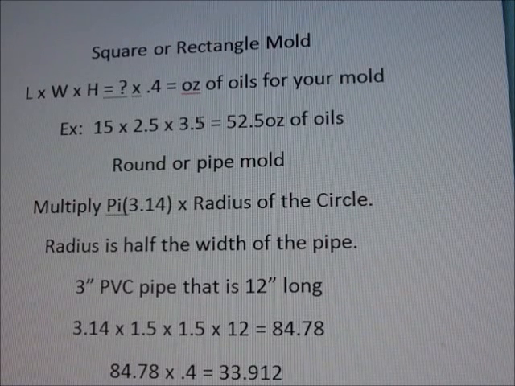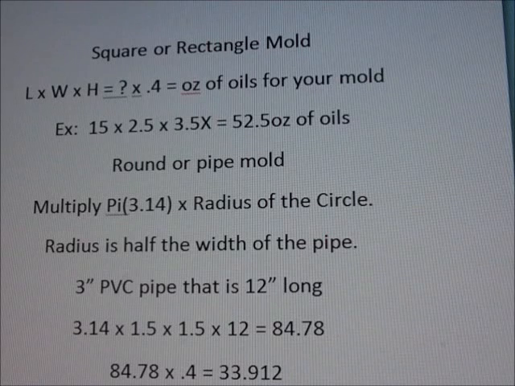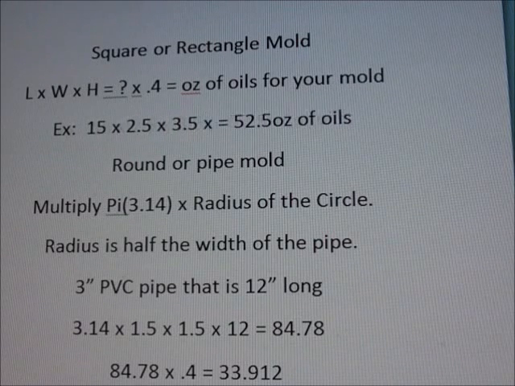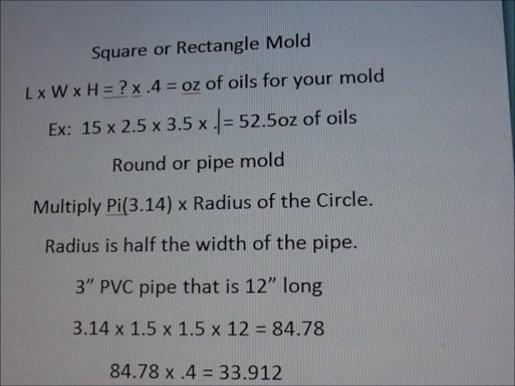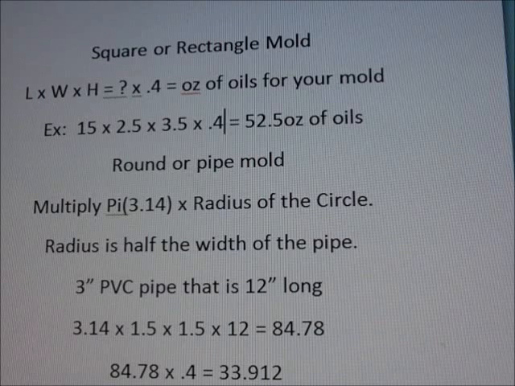Oops, I forgot to add one thing in there. And then you multiply that by 0.4, and that gives you 52.5 ounces of oils. I hope that makes sense.